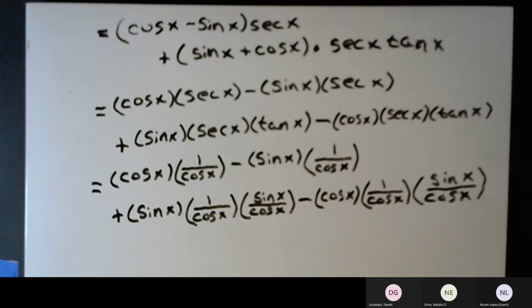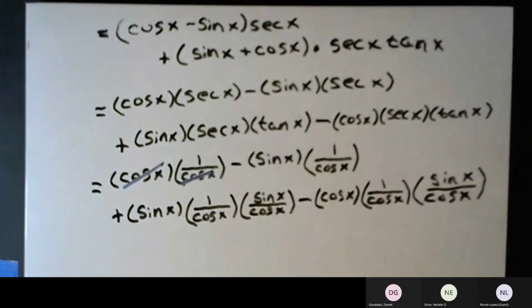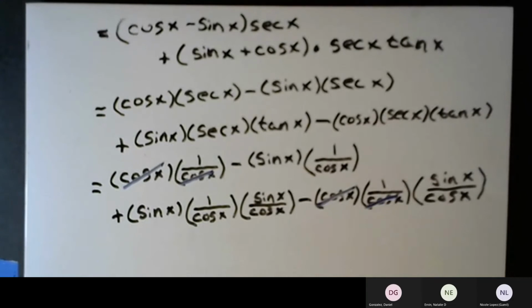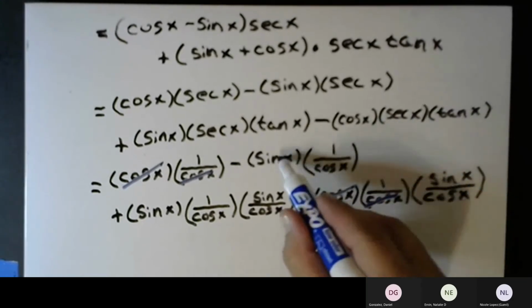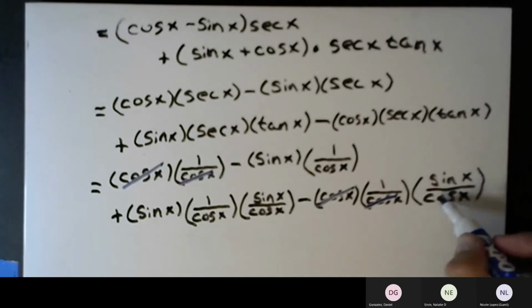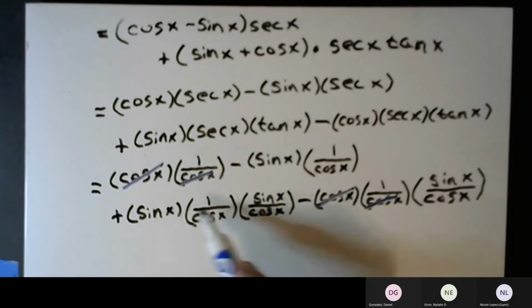So now we can simplify things. There's a cosine and a cosine, those are going to cancel. And it looks like we're going to get a sine over cosine. We're going to have a 1 here, then a cosine squared and a sine squared.